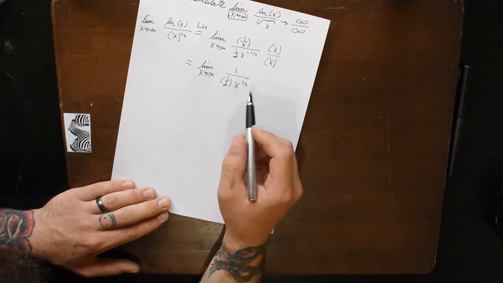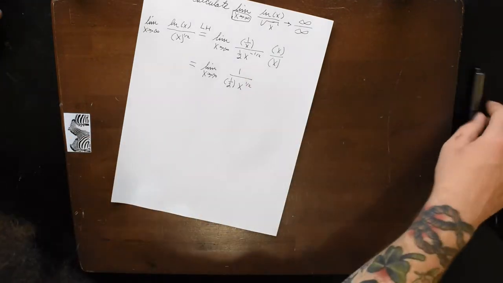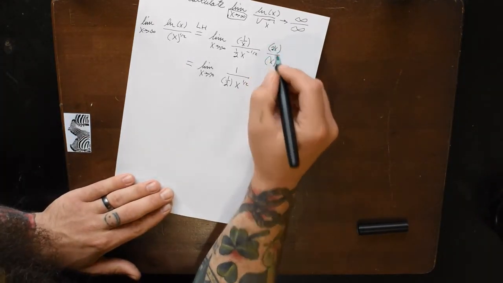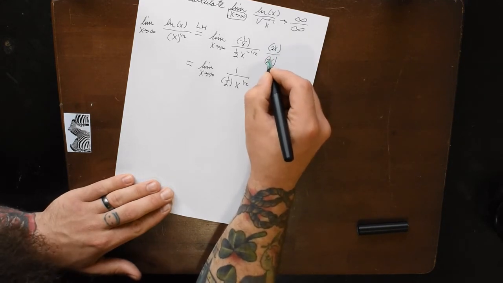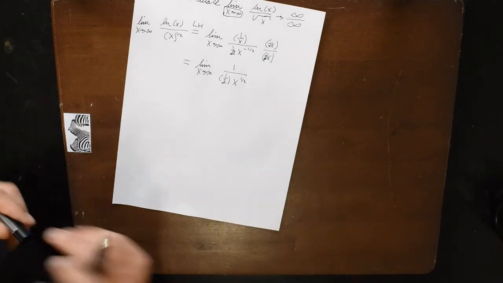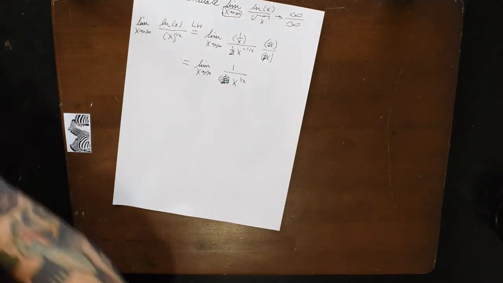I feel pretty strongly that I should have multiplied top and bottom by 2x, so I'm going to go back and multiply by 2x. I do that so that 2 can cancel out with that 2, and we get a 2 in our numerator without the 1/2 in our denominator.